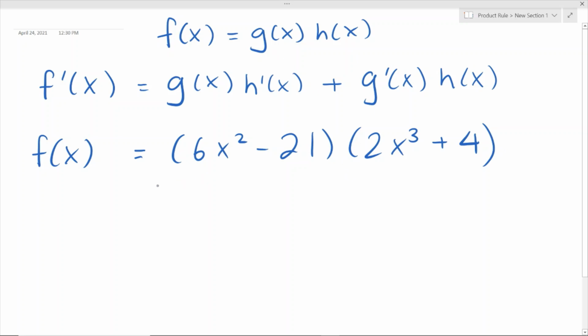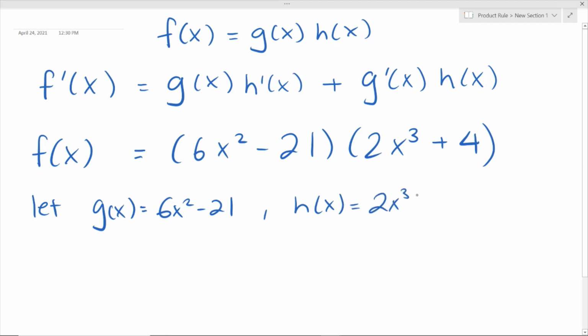So let g of x be equal to this first one, 6x squared minus 21, and let my second one, 2 times x to the exponent of 3 plus 4, be my h of x. This is my g of x right here, and this here is my h of x. I found that very helpful when I first learned the product rule, so I recommend you do the same.